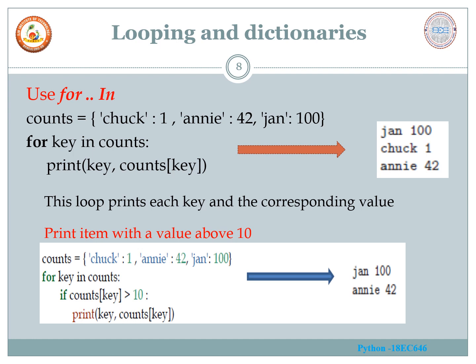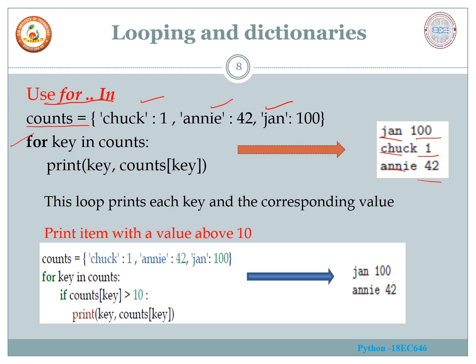If we use a dictionary as a sequence in a for statement, then it traverses through the keys of the dictionary. This loop prints each key and its corresponding value. So here in the program, we have initialized a variable. This variable is assigned the key-value pairs of the dictionary with the names Chuck, Annie, and Jan, which have specific values assigned.